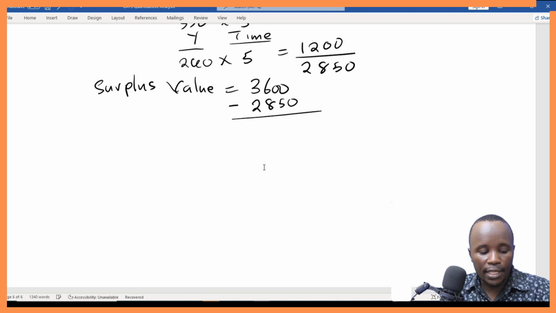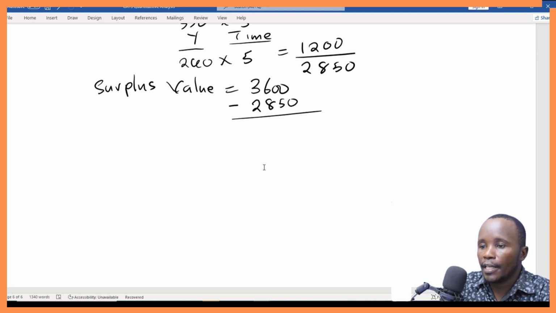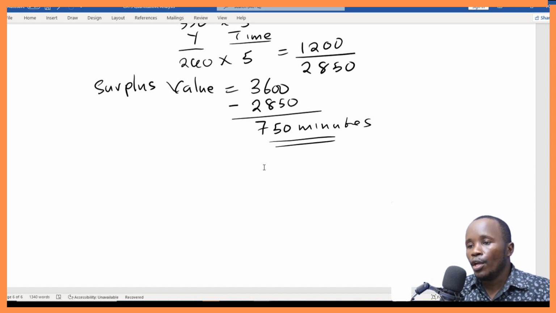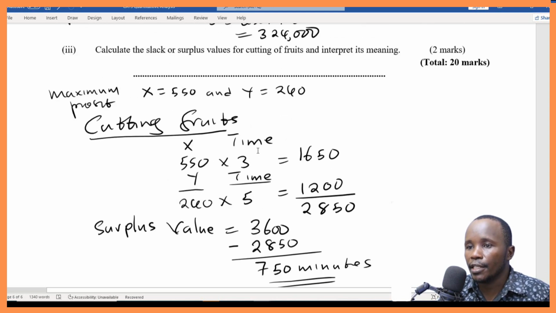How much is the surplus? If you take 3,600 minus 2,850, the surplus is 750 minutes. That is what you are to do. So that's how you are to do and score the maximum marks in this question.